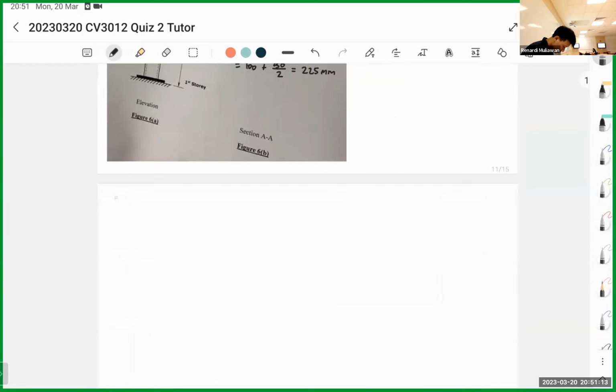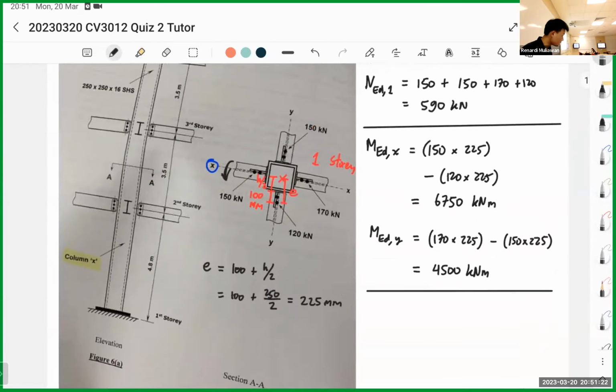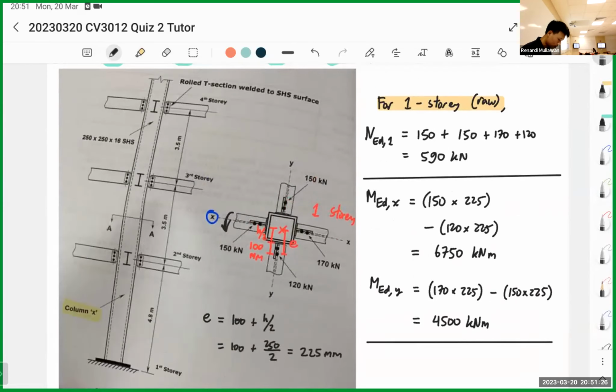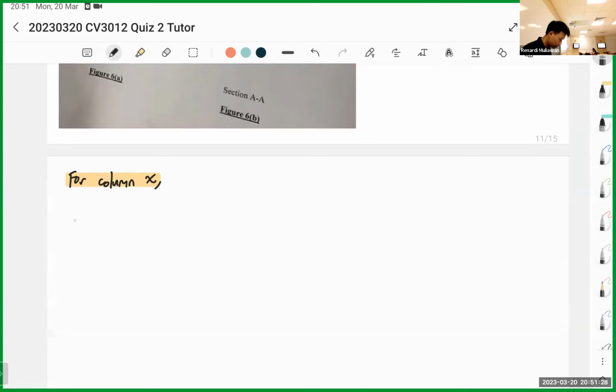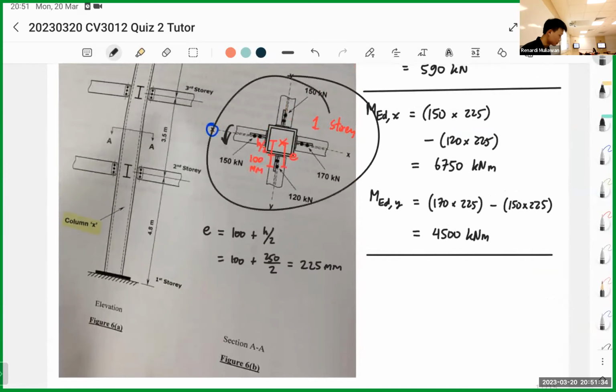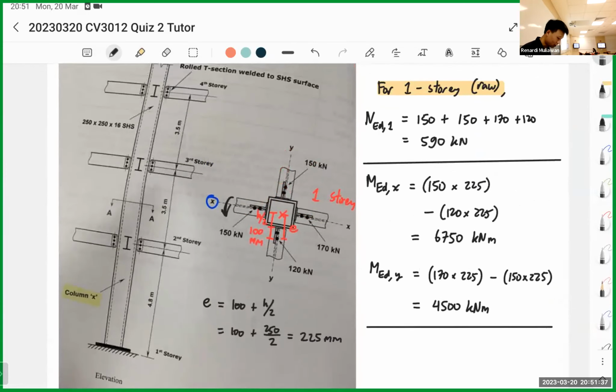So for column X, remember, column X is the bottommost. NED on column X, since the loading on each level is the same, like this one is for all levels. So it's basically saying it's just 590 multiplied by the number of stories above X. You get what this means, right?